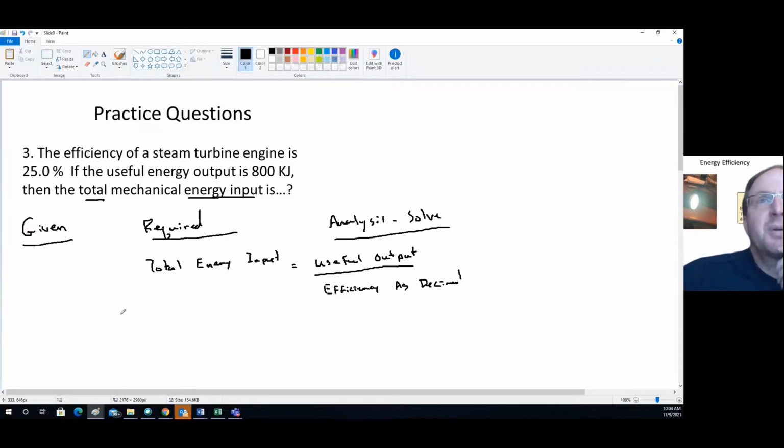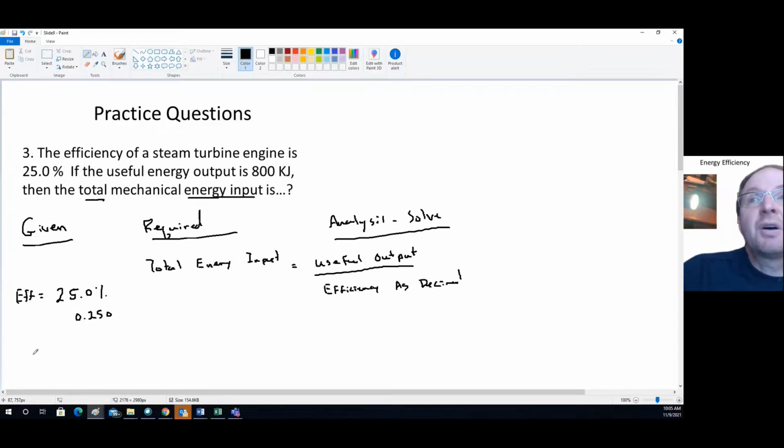All right, what information are we given? We are given the efficiency. It's 25.0%. So in other words, we got 3 sig digs there and we got 3 on 800. So just taking a note of that, 25.0% divided by 100, or just move your decimal place twice, it's 0.250 as a decimal, right?